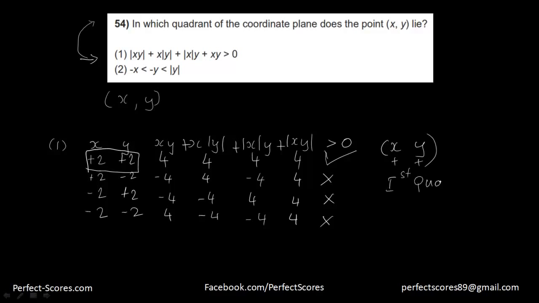Right? So suppose everyone has understood the simplicity with which we have done this question, and there is no way that you would not be able to do this question. Always work in columns and always make sure that you're doing it in a very structured way. So if you look at statement 2, statement 2 says that modulus of y has to be greater than minus y, which has to be greater than minus x, right?